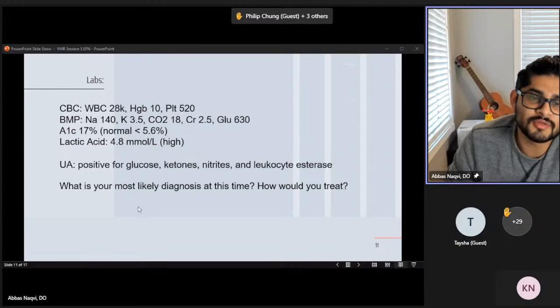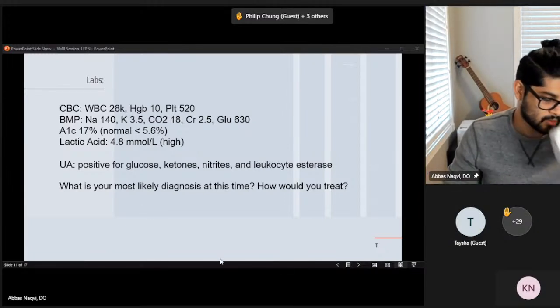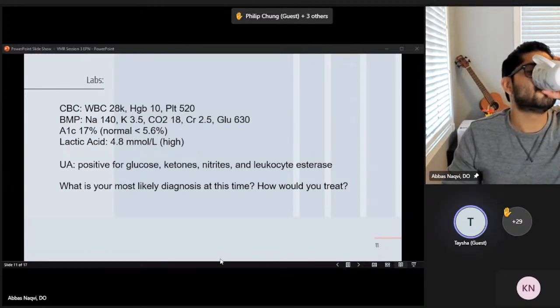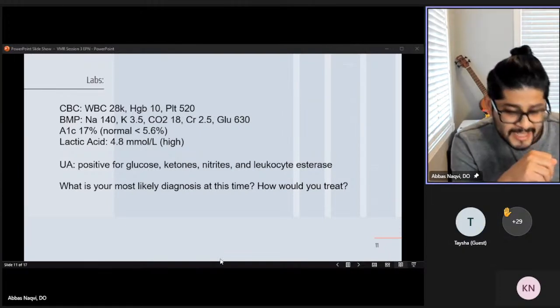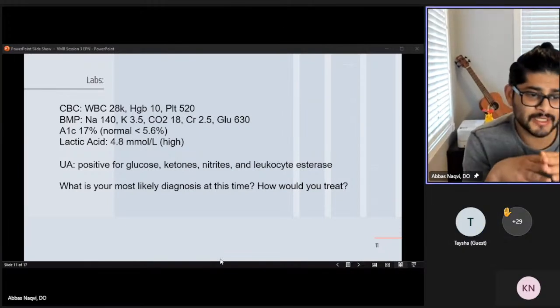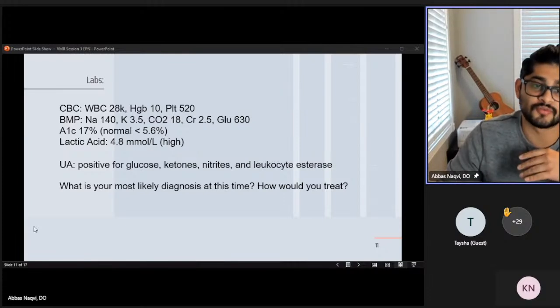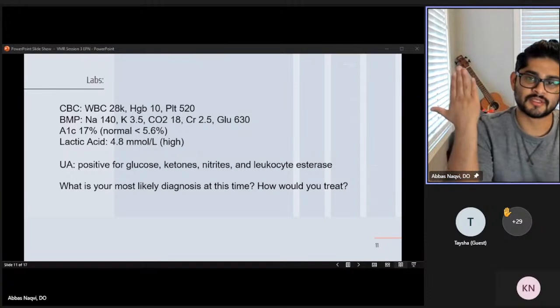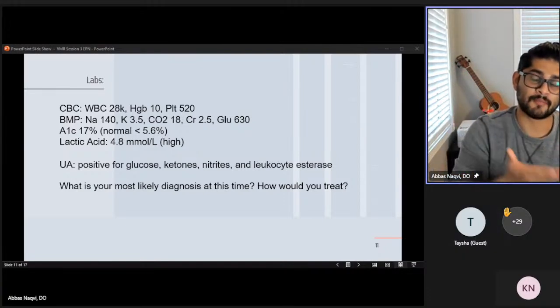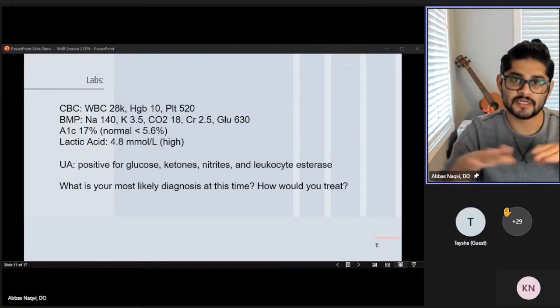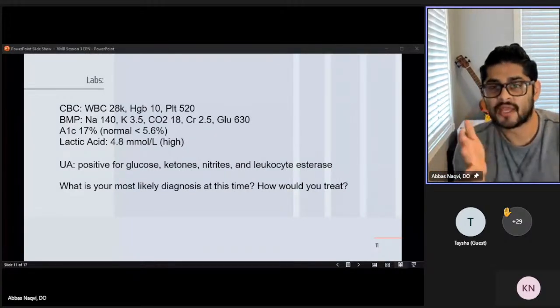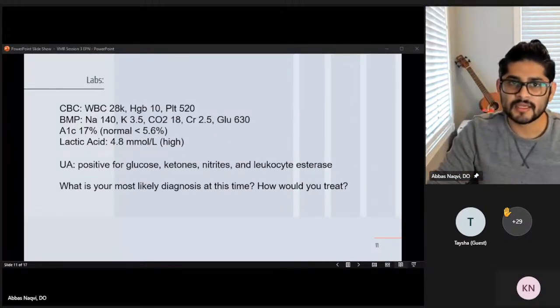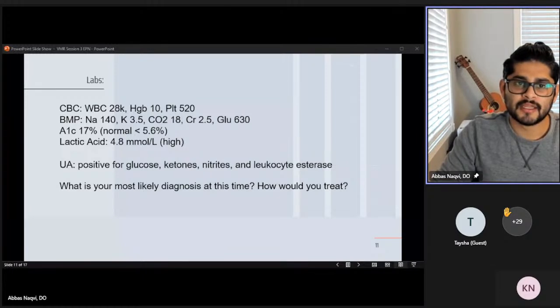And then, do you know what the A1C is? No. An A1C is a measurement of your blood sugars over the course of 3 months, right? We can get a glucose and it'll tell us what the blood sugar is at that moment in time, or we can get an A1C and it'll give you an average. It is a measurement of glycosylation of red blood cells.